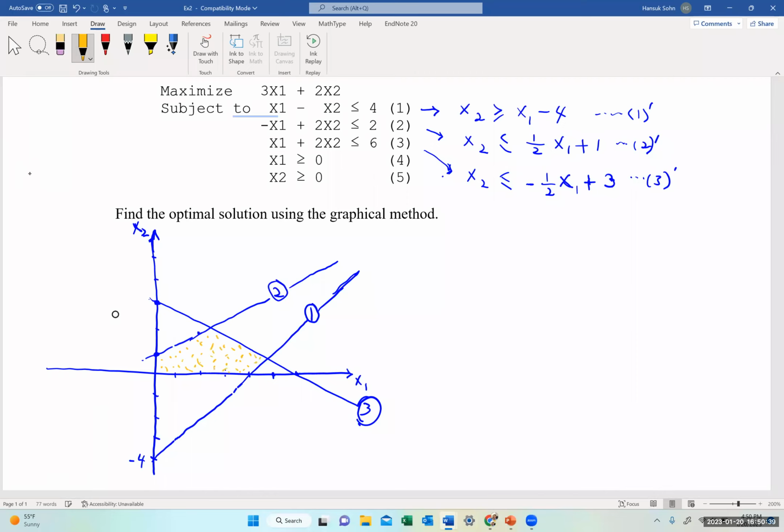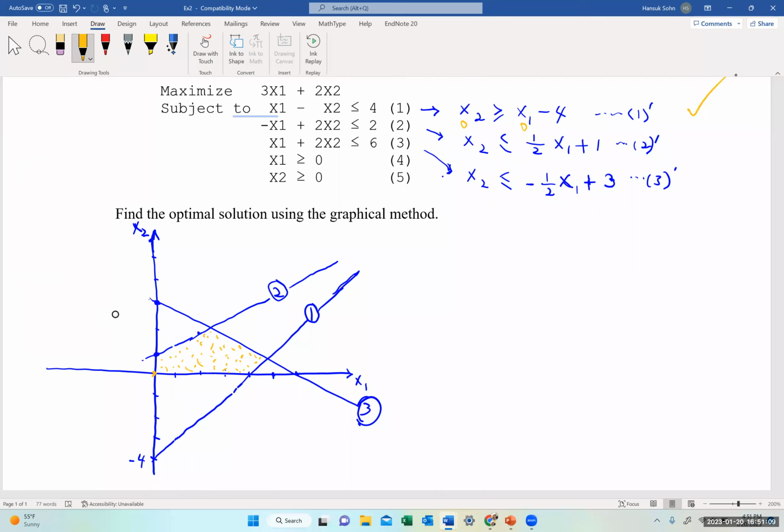How do we know? For each constraint, does the origin (0, 0) satisfy it or not? Here, 0 is greater than or equal to 0 minus 4, which is -4, which is true, right?